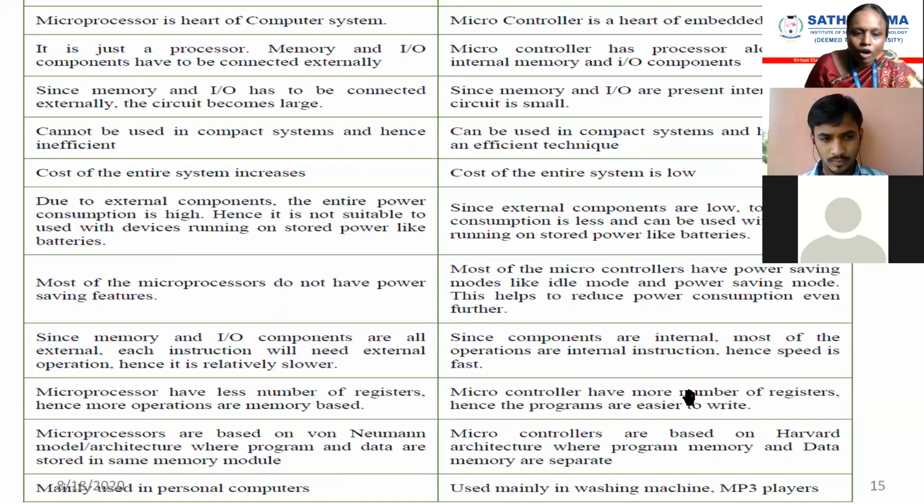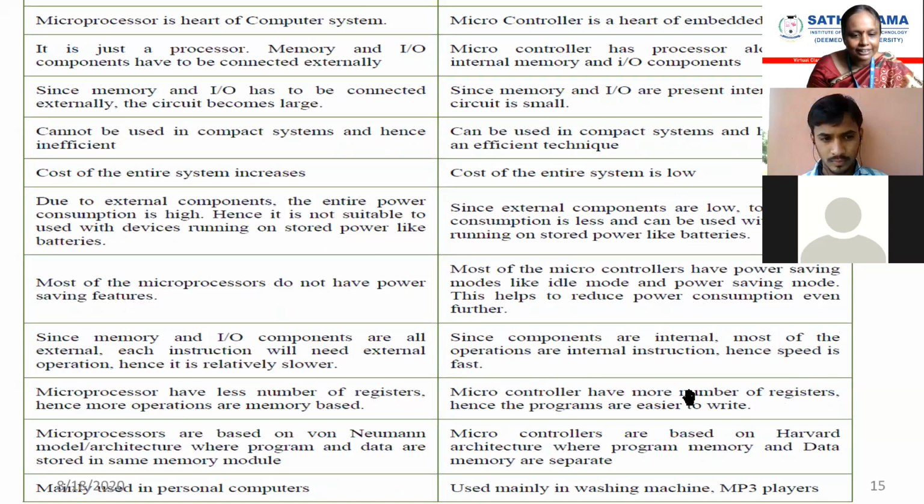Okay, and one more option in the microcontroller is the power saving mode. In your mobile also you have that option; you can save your power. In the same way, in a microprocessor, if I want to save power, again I need some external component, an external oscillator to control the power. But with a microcontroller, no need of that.